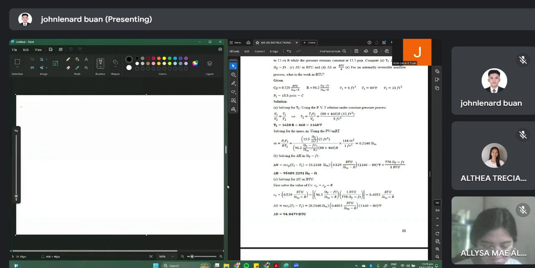For letter C, ang pinapanap dito ay internal energy in BTU. Recall the equation of internal energy.